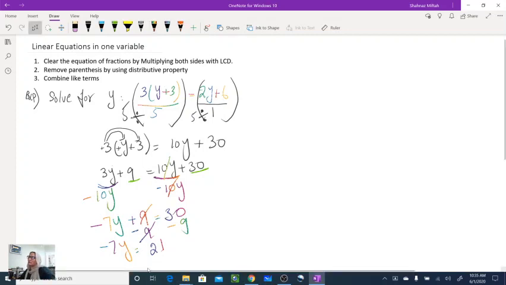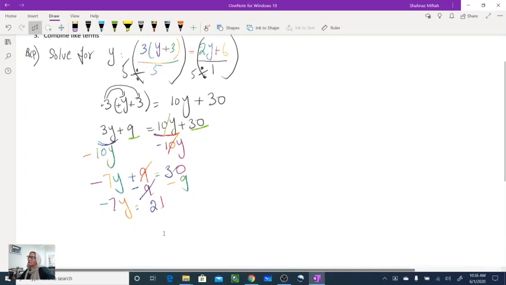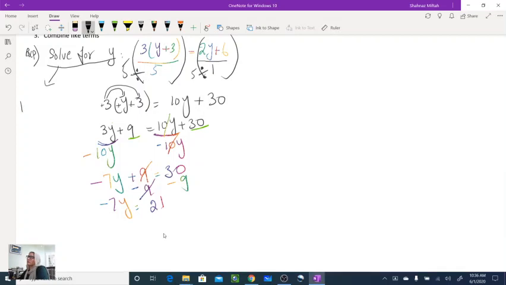Now I have to make the y by itself because they are asking, and if you see this, solve for y, solve for any variable, it means isolate y. By isolating, I have to divide and use the opposite operation, because 7 and y have a multiplication between them.